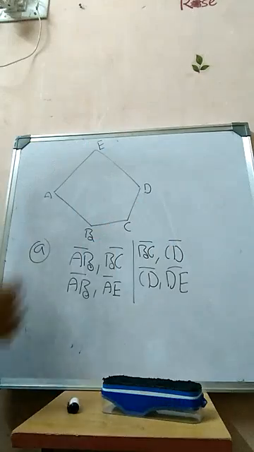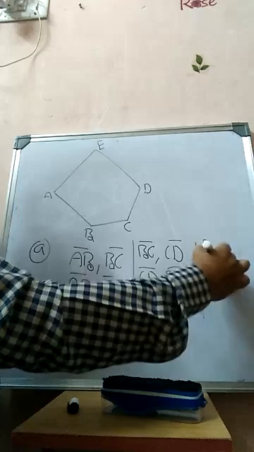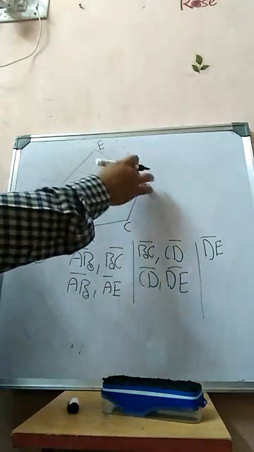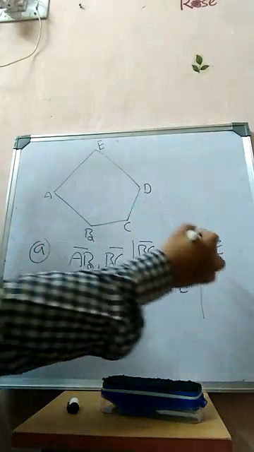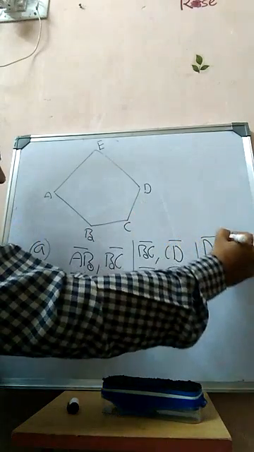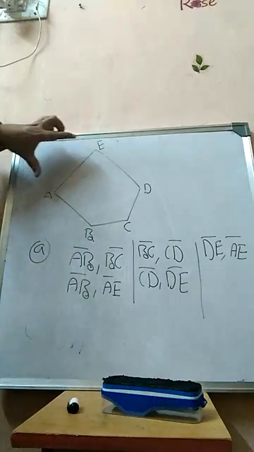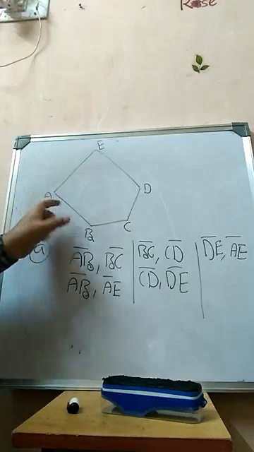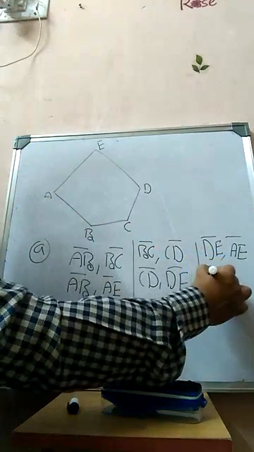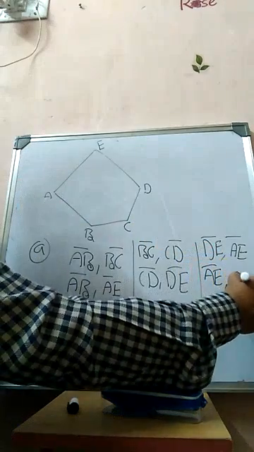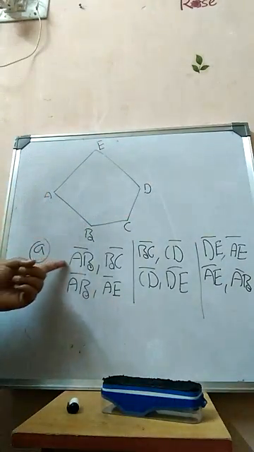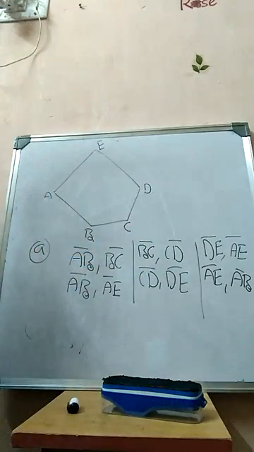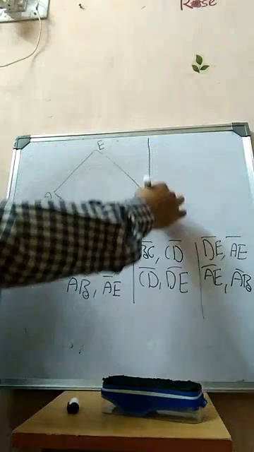So CD and DE. Next, DE. Its adjacent sides are CD, already written, and AE. So DE and AE. Next, AE's adjacent sides are AB, and one more is ED, already written. For AB we started from there only, so we wrote all the pairs of adjacent sides in the given figure.